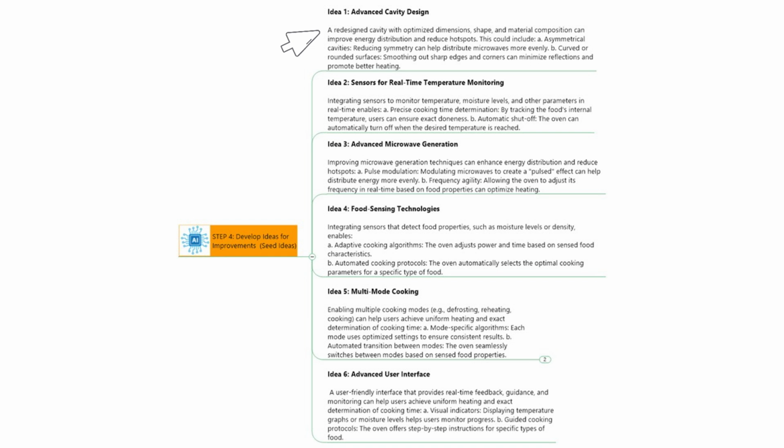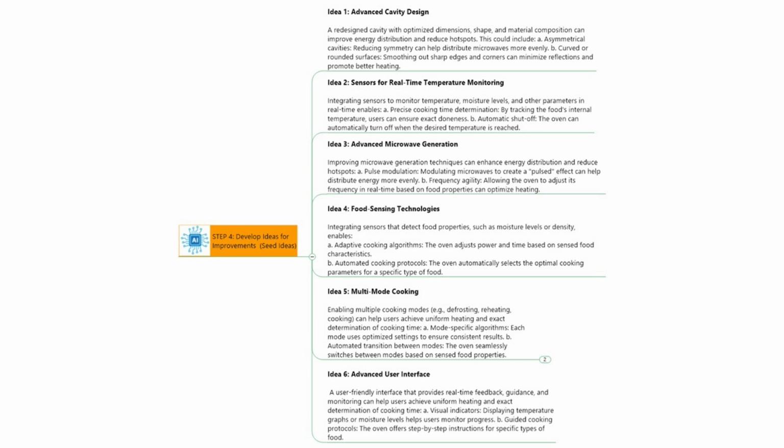First one is cavity design, so the design of the microwave chamber itself. There are also suggestions in terms of real-time temperature monitoring, microwave generation, sensing technologies, multi-mode cooking, and a more advanced user interface.